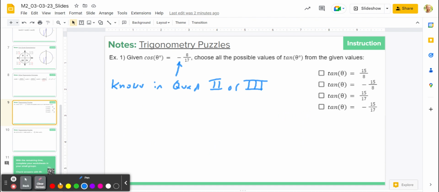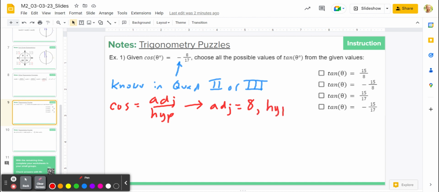We also know that my cosine is equal to the adjacent side divided by the hypotenuse. And in this case, that means that our adjacent side is equal to 8, and my hypotenuse is equal to 17.